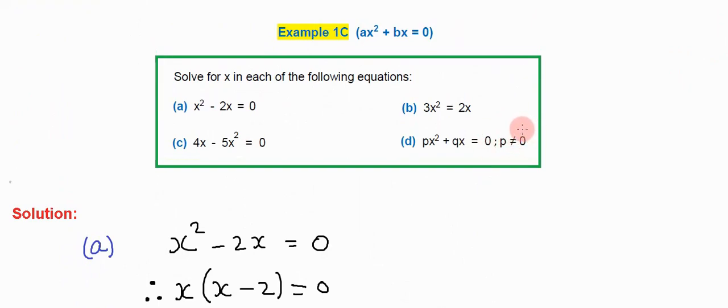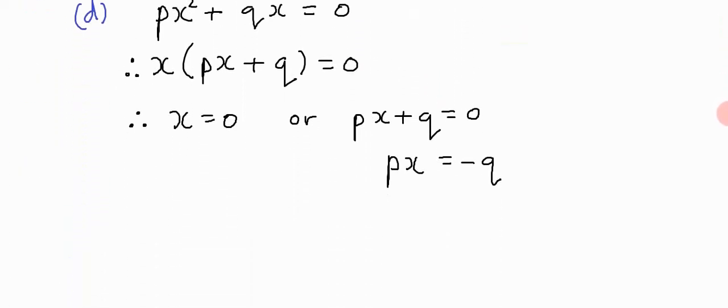And that means that we can divide by p. So we can divide the p into the right-hand side because it's not 0. So x will equal negative q over p. Recall that we're not allowed to divide by 0. But since p is not 0, we can divide it into the right-hand side here.